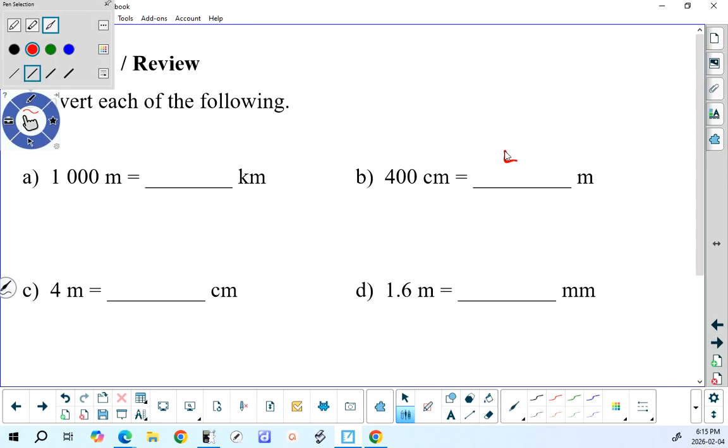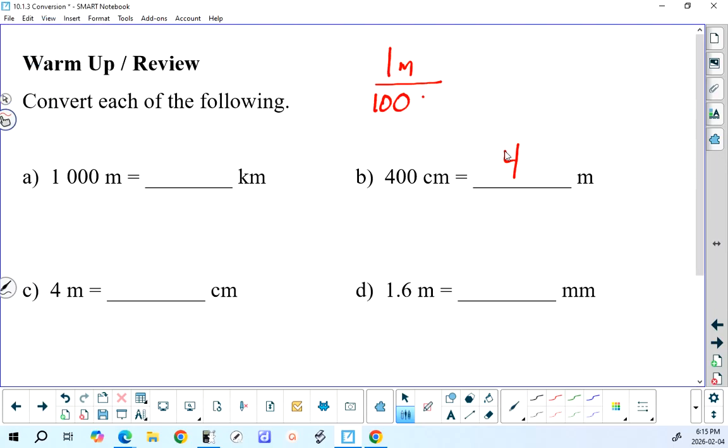If you absolutely need to use a ratio, then you go to your formula sheet and you say, well, 1 meter is 100 centimeters. That's what it says on my formula sheet. I want to find out x meters for 400 centimeters, and you cross multiply. You get x times 100, which is 100x.